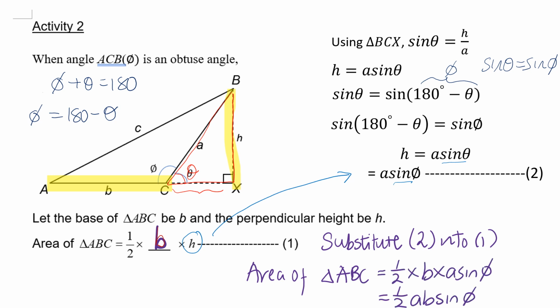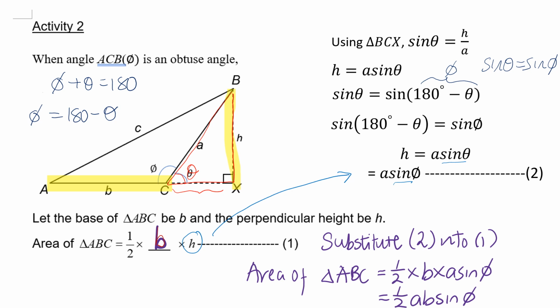Yes, we also get the same formula that we got earlier, half AB sine phi. So in other words, this formula can be used for an acute angle triangle, and can also be used for an obtuse angle triangle.